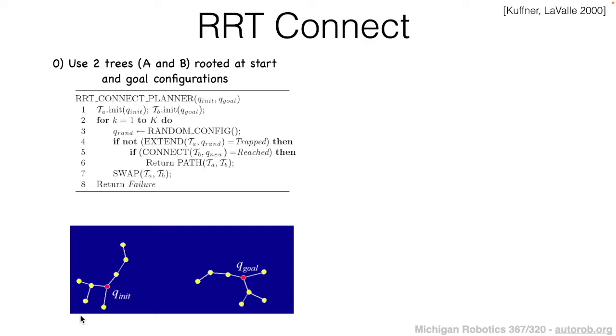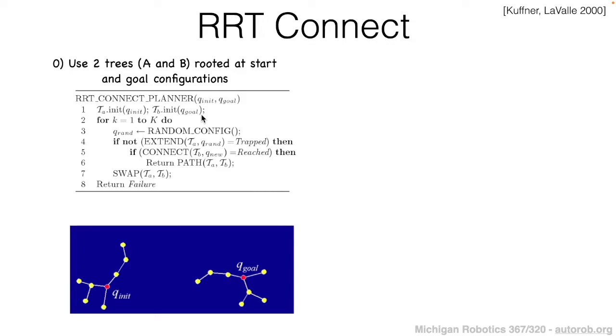At a high level, the key distinction between the base RRT algorithm and RRT Connect is that RRT Connect maintains 2 independent trees during its planning procedure. One tree is rooted at QInit, the initial configuration for our planner, and a second tree is rooted at QGoal, the goal configuration which we would like our planner to find a path towards.